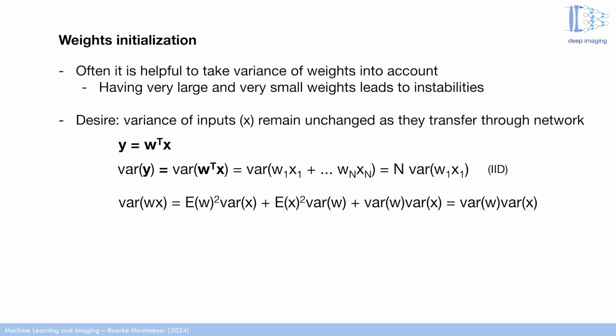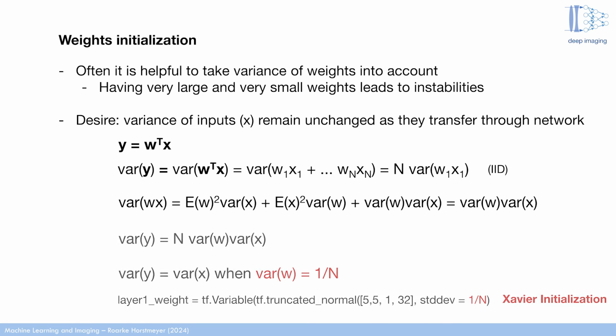So the variance of the output of the first layer will equal the variance of all of that inner product, W1 X1 plus W2 X2, et cetera. If you assume that those are all independent, which is okay, maybe because all the weights you initialize randomly, then it's equal to n times the variance of a weight times a pixel, on average. So what's the variance of one weight times one pixel?